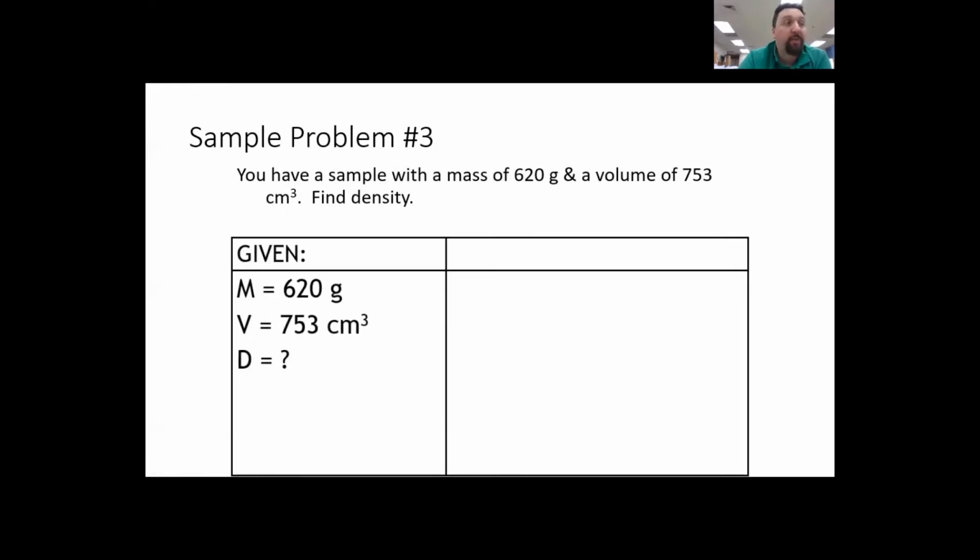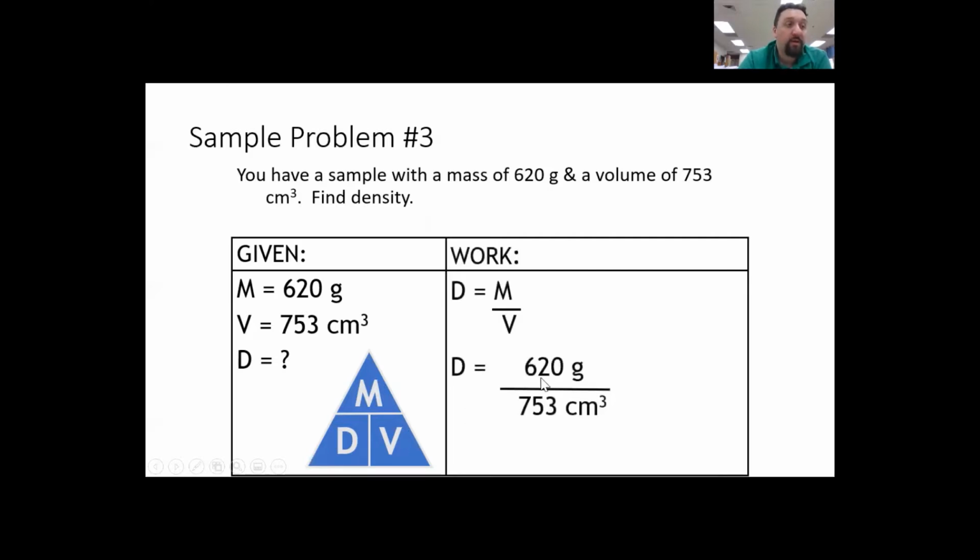All right, looking at our pyramid, I have a mass of 620 grams and a volume of 753 cubic centimeters, and I don't know what the density is. All we have to do is take the mass, divide by the volume. 620 grams divided by 753 is 0.82 grams per cubic centimeter.